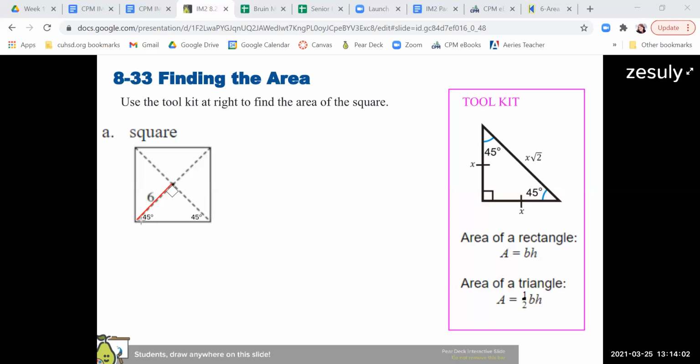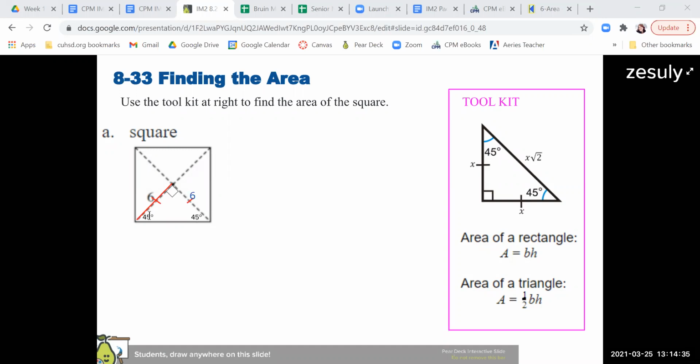Remember that if you have two base angles congruent in a triangle, it's isosceles. So that means that this length right here is the same as this length right here. So not only is the one length they gave us 6, but this right here is also 6.